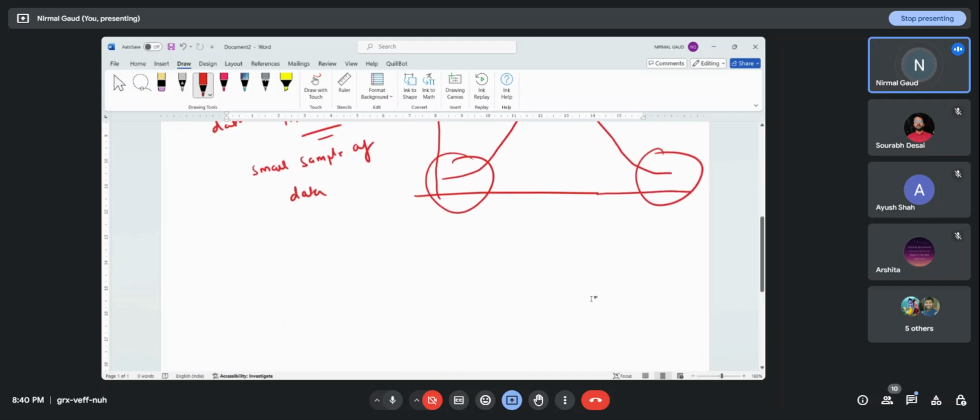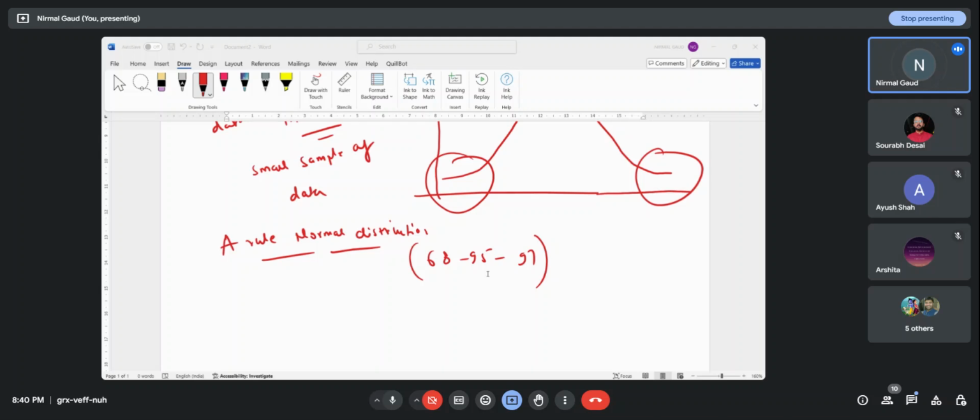There are a few more things here. That means a rule which came yesterday for normal distribution, that was your 68, 95, 97 rule. I want to put a light on this rule.